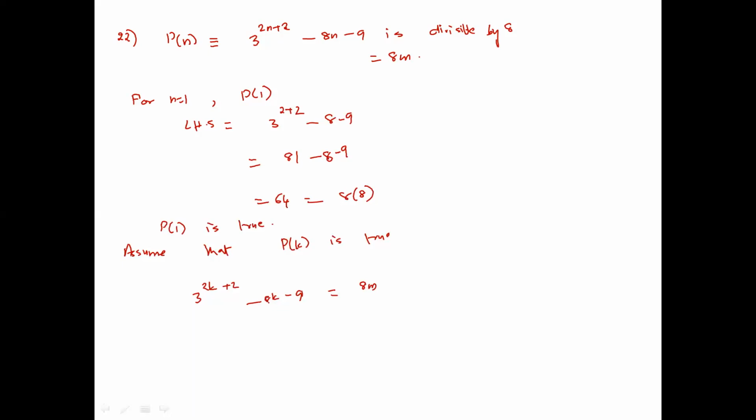It is a multiple of 8. I am writing directly. But I will prove for n equal to k plus 1. I will take the left hand side, 3 power 2 into k plus 1 plus 2 minus 8 into k plus 1 minus 9. This we have to prove is divisible by 8.